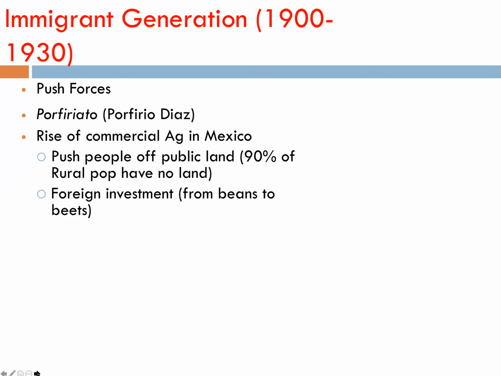And a good example of this is something like beets. Mexicans don't eat beets. Mexicans probably don't even know what a beet is. But that becomes an important staple that's being produced in Mexico, rather than beans, which is a major staple of the Mexican diet, right? So we see how Porfirio Diaz begins to favor these big corporations.